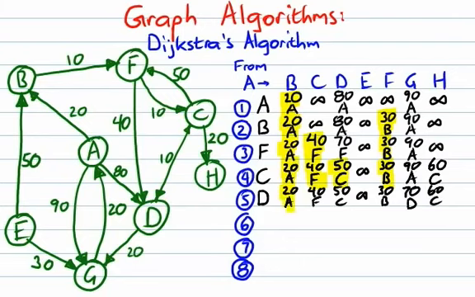And we're already done with this one, and this one, and this one, this one. So now our next lowest cost path is this one to H at a cost of 60. So we're going to pick that for the next round, and we're going to start exploring paths starting from vertex H. Now vertex H is very interesting because there is no edges originating there, so there's nothing more we can do.